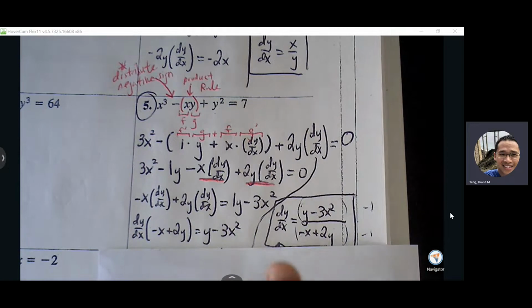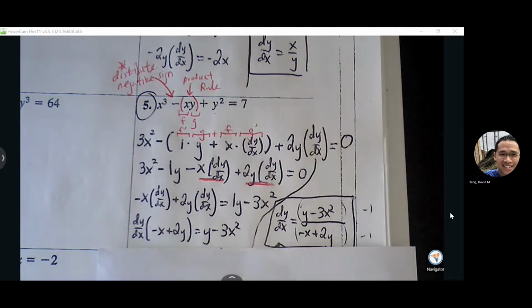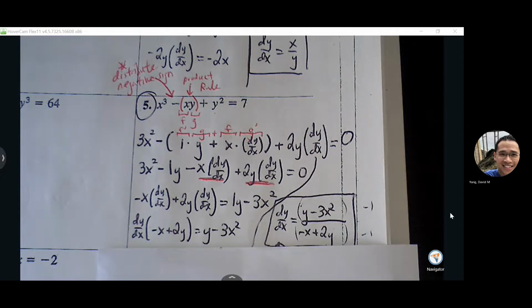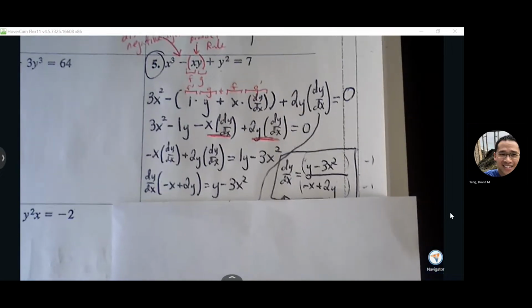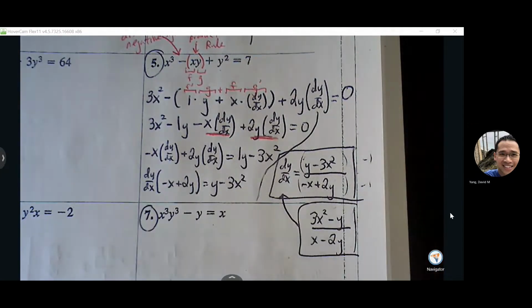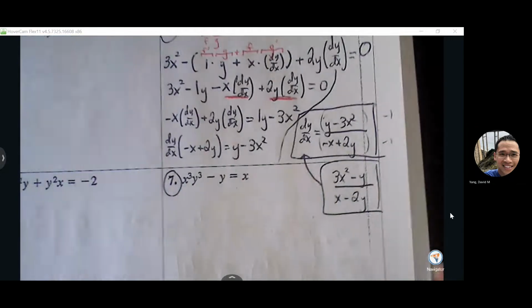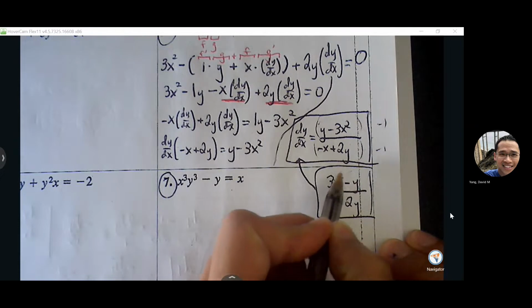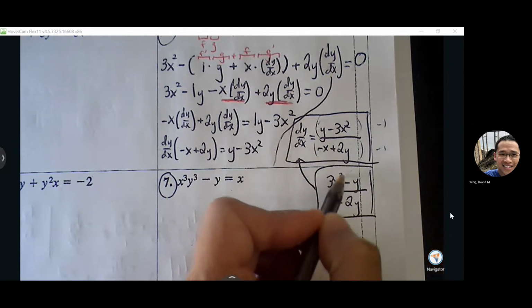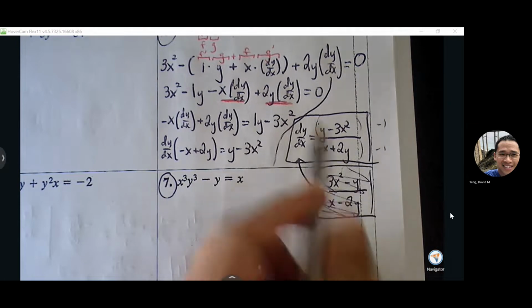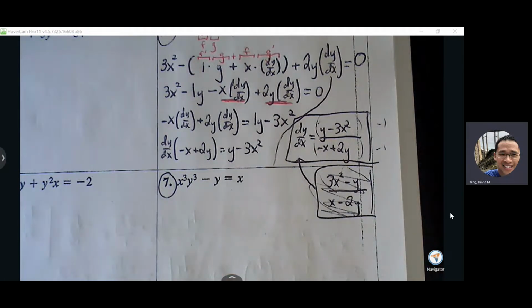Finally, divide that parentheses over. Okay, so we should get y minus 3x squared divided by negative x plus 2y. Any questions there?